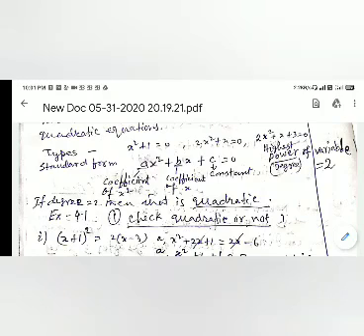What we saw earlier in the linear equation, ax plus b equal to 0, here b is the constant.